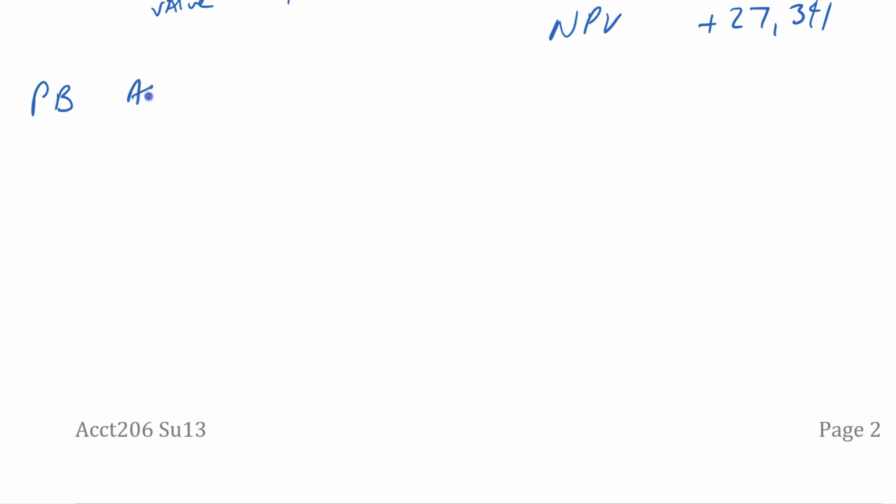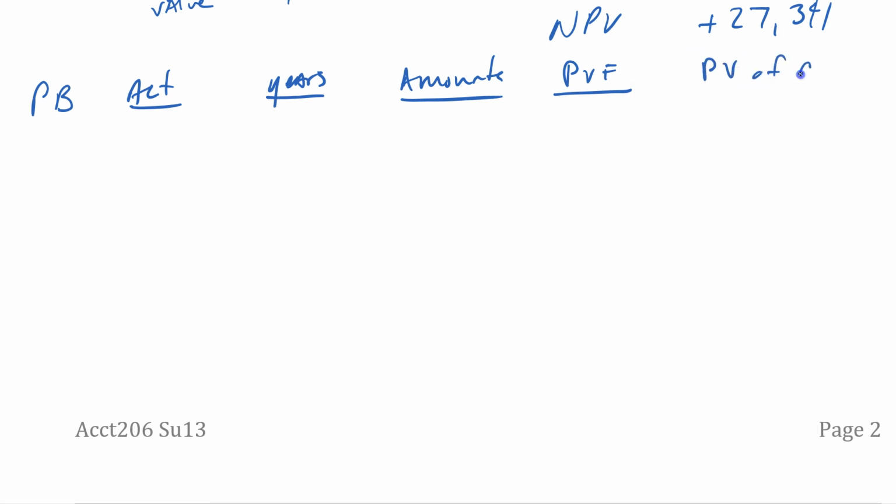Now let's scroll down just a tad and look at project B. Same idea. I've got the activities, the years, the amounts, the present value factor, and then the present value of cash flows.